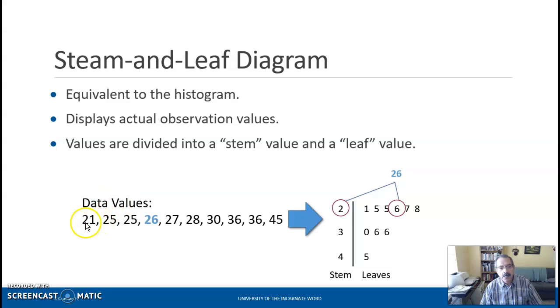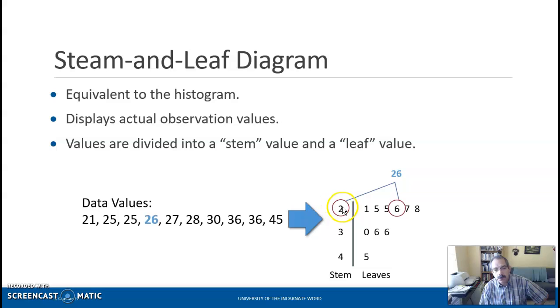So here are data values: 21, 25, 25, 26, 27, 28, 30, 36, 36, and 45. Now you see that this is increasing in tens, so the stem values could be in tens. You could put 2, 3, and 4.